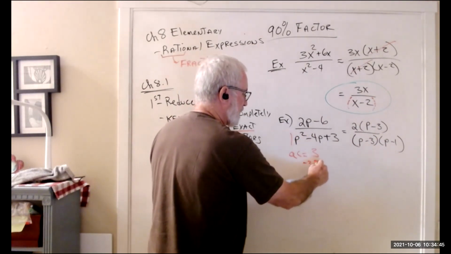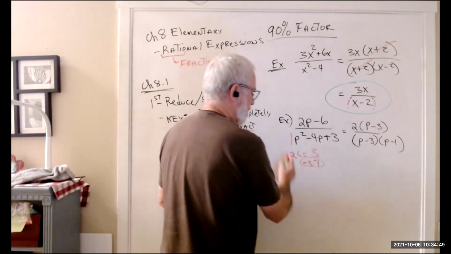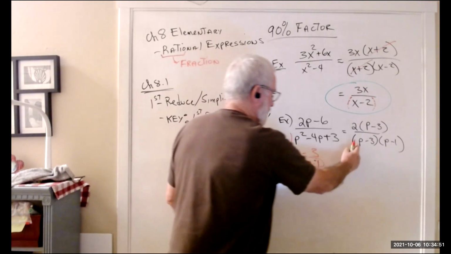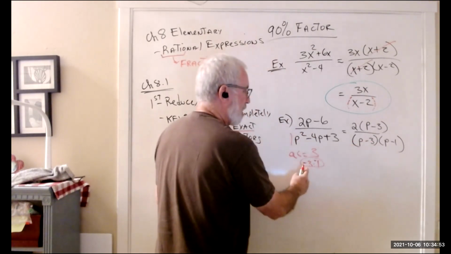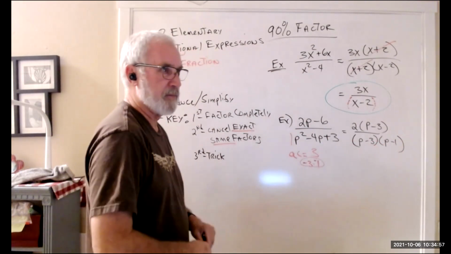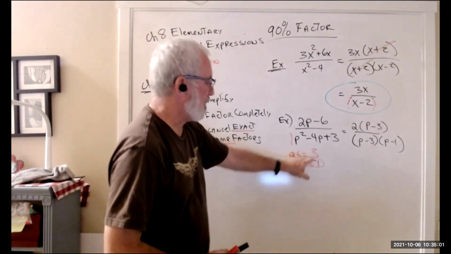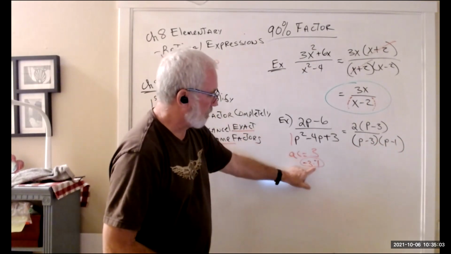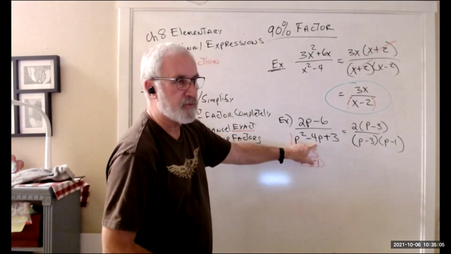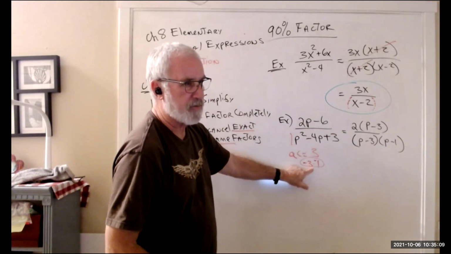So -3 times -1. So because this was a shortcut, I say p minus 3 and p minus 1. That's how I got to that. Okay, AC was 3. Things that multiply to 3 and add to -4, a little trickery in there. You had to make them -3, -1.